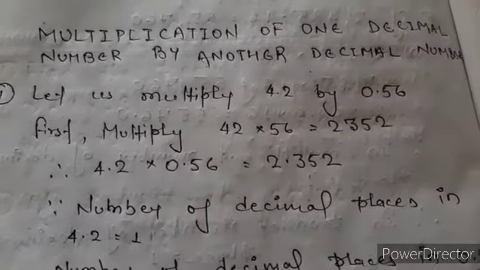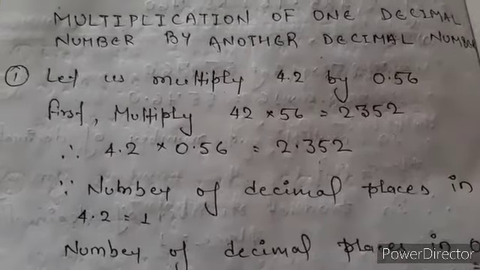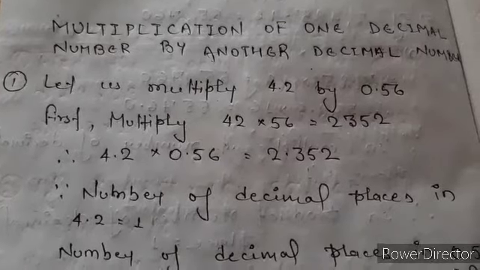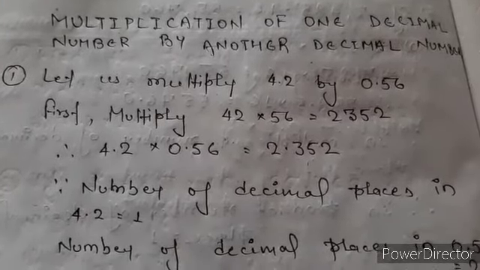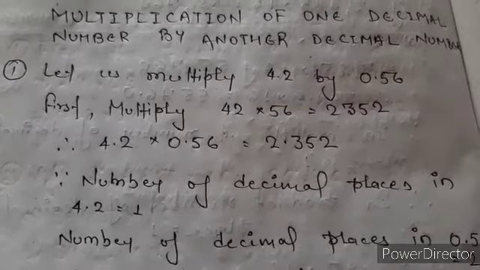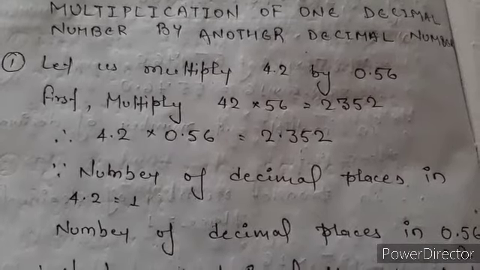Multiplication of one decimal number by another decimal number. In question 1, let us multiply 4.2 by 0.56. First multiply 42 into 56, which is equal to 2352.